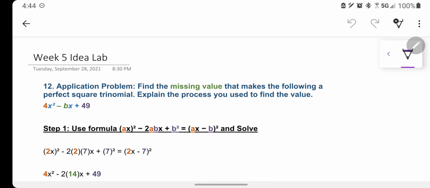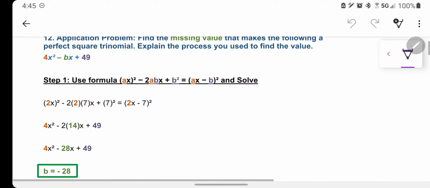I purposely colored these two differently because this formula pertains to the A being colored here, which is 4, and the B, which is the 49. But since the missing value was marked as B, this one's a completely different value. This is not the same value. So now that you know that, we're going to go on and explain further for step 1.